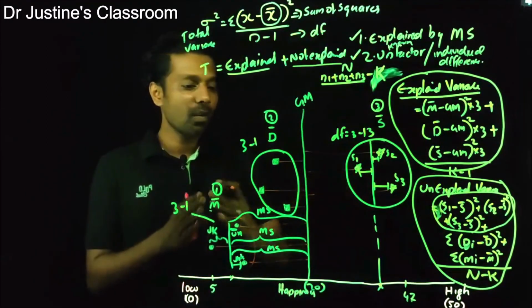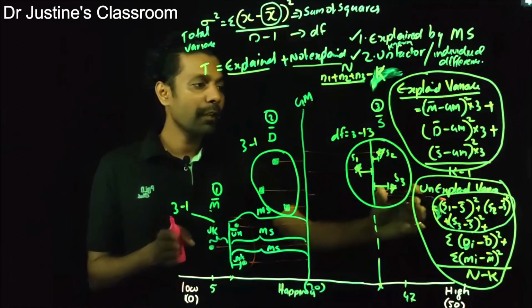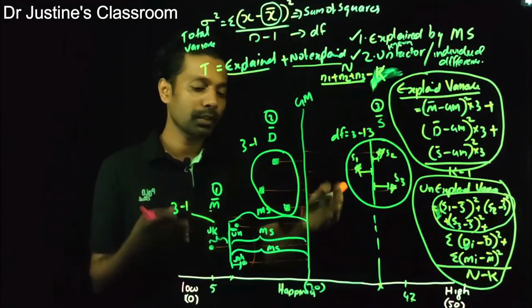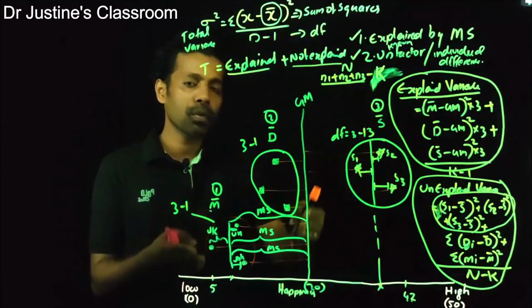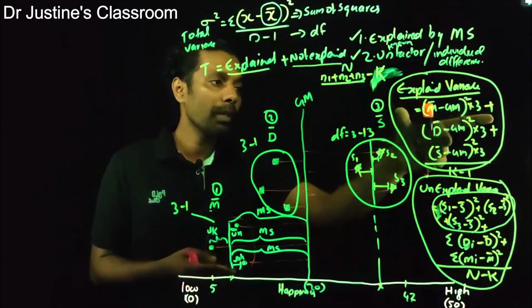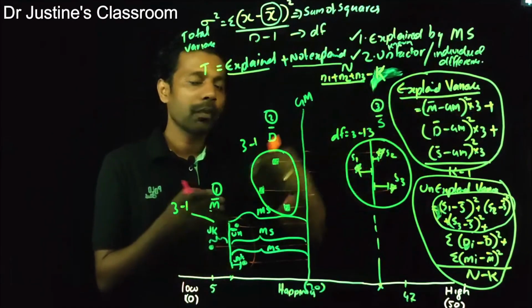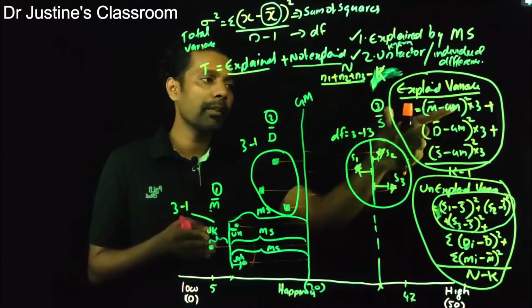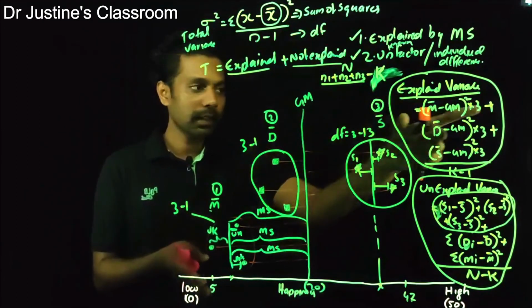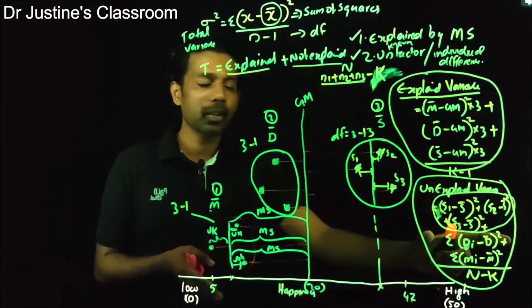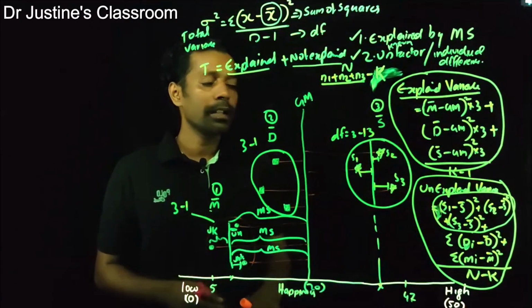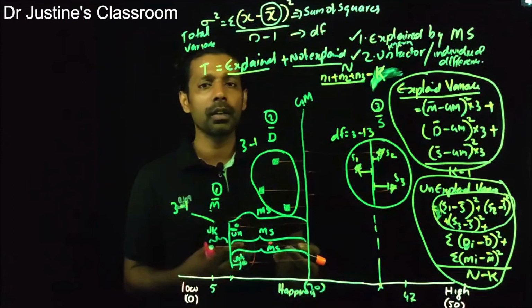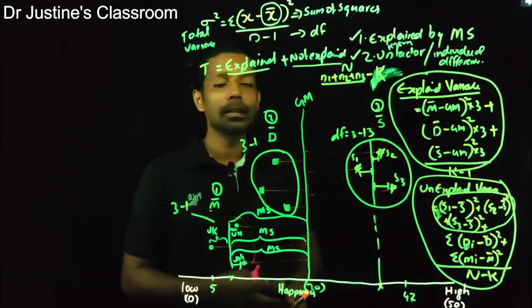The question was why scores are different, and I found out the reason for them being different. I found out how much of the variance, how much difference, can be explained by the marital status, and how much can be explained by the individual differences, something other than the marital status.